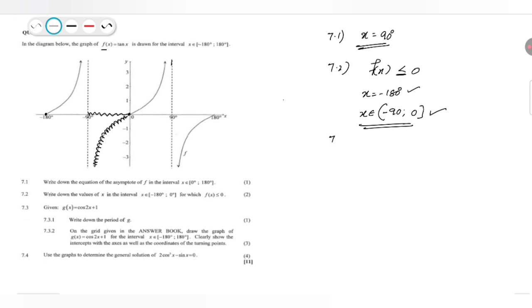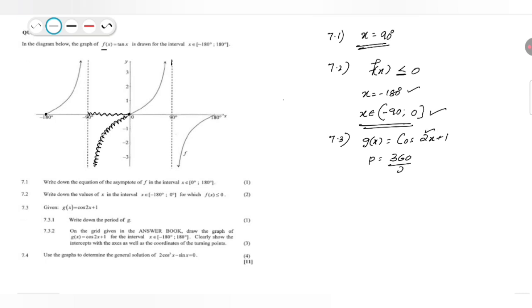Now 7.3. What is 7.3? Write down the period of g. What is g, guys? G of x is another graph they are talking about, that is cos 2x plus 1. For cos and sine, how do you calculate the period? The period is 360 in the numerator, that is fixed, divided by the coefficient of the angle.